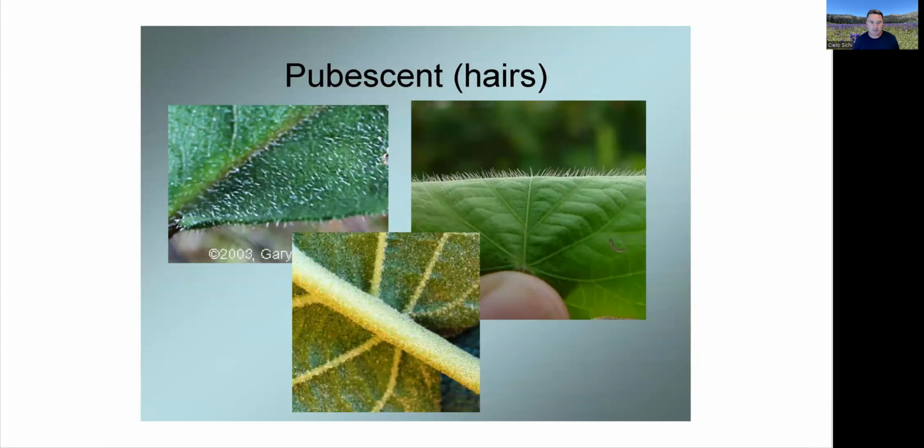Sometimes there's pubescence or hairs on the top and the bottom. Sometimes there's only hairs on the top. Sometimes there's only hairs on the bottom, etc. All sorts of different ways to be able to identify plant parts, and specifically leaves in this case.